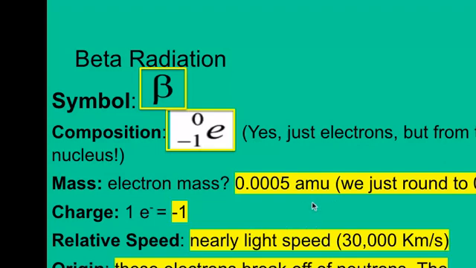So where do these electrons come from? They're not from the outside of the atom. They're from the center, from the nucleus. And I thought there weren't any electrons in there. So what the heck is this? The electrons break off from a neutron, a neutral neutron in the middle. Just the negative part of a neutron leaves, which is an electron.